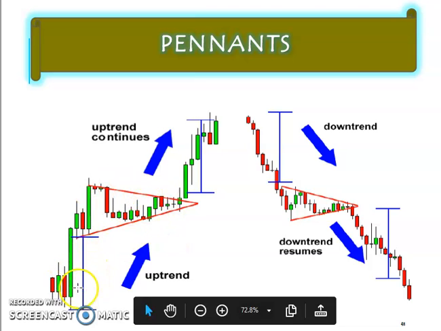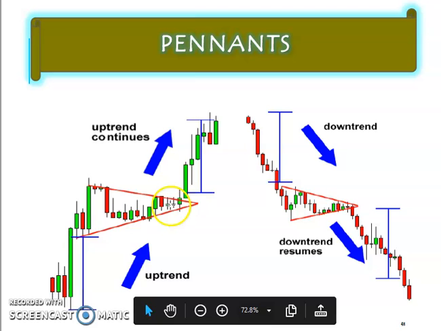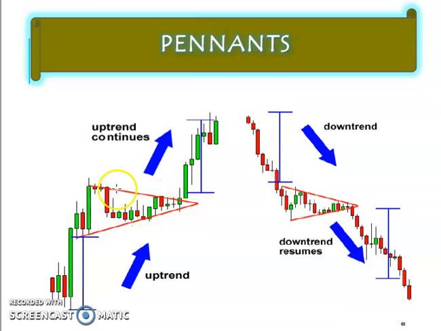For example, in this one, you already missed the opportunity to buy earlier, and then you see that the price tends to create a pennant pattern. So you wait if the price breaks out of this resistance, the completion of the pattern, breaking out upward.